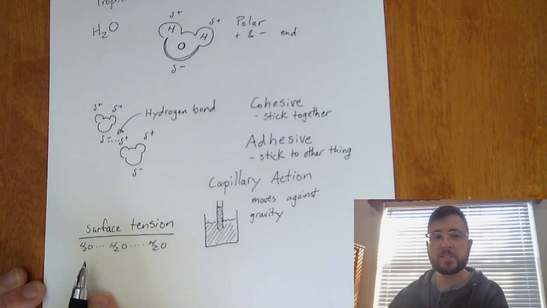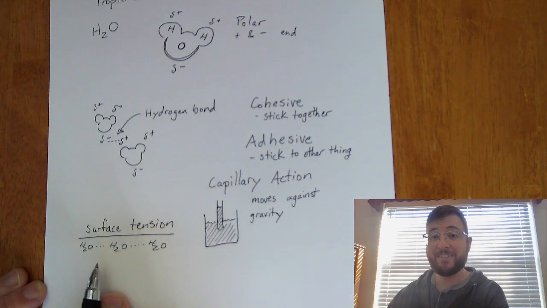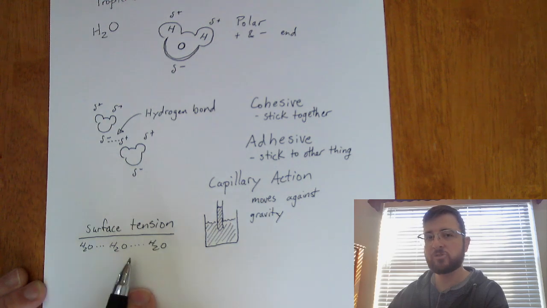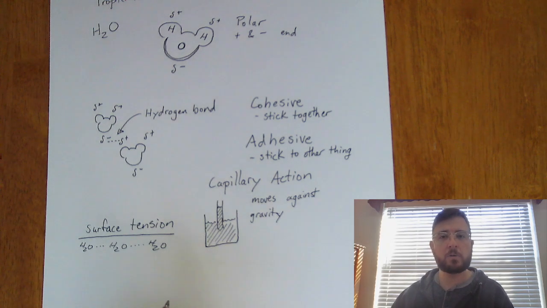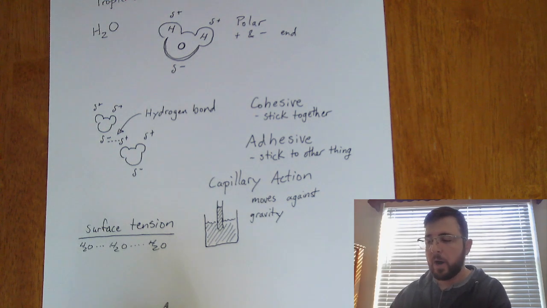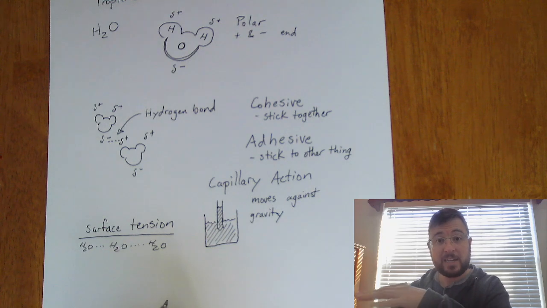If you want to get past this surface tension, you first have to break all of these hydrogen bonds on the top layer of the water. Some organisms are able to get around this property. They do not sink into the water. They can actually float on top of the water.